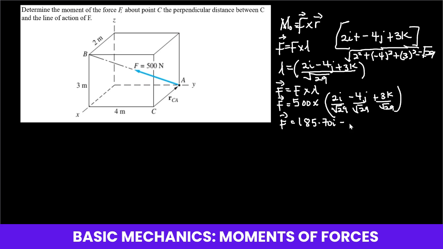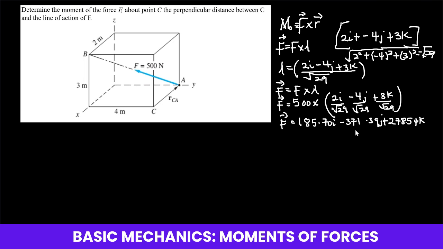We are going to get negative 371.39j. You can even choose to do it to two decimal places, so 0.39 here as well. Then plus, because 500 is going to multiply 3 on square root of 29, 278.54k here. So now we have found each component at this side.